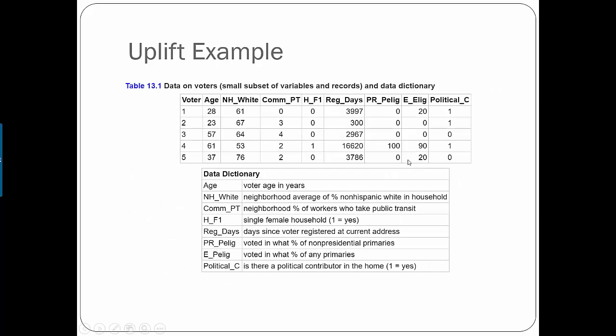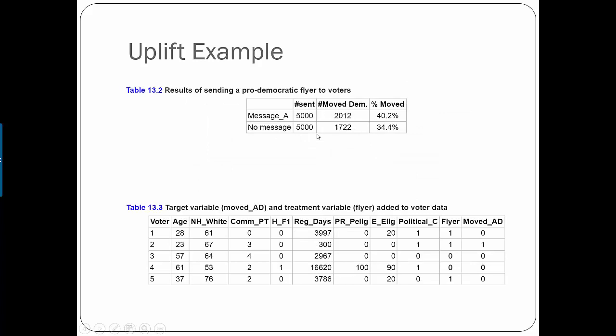Okay, so here is how this will work. Suppose we have voter data with only 5 observations here. It's a subset, and you have a bunch of predictor variables. You divide the group into 2 sets: to one set you send message A, and to the second set no message.